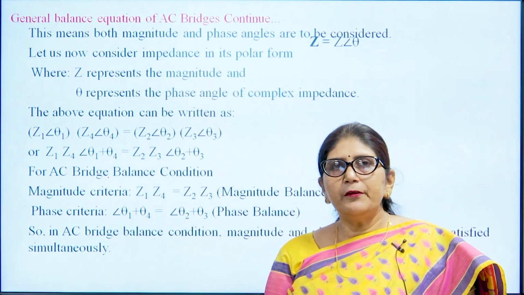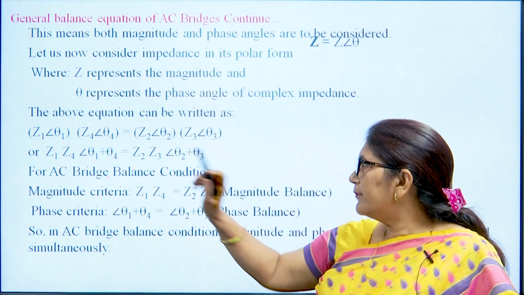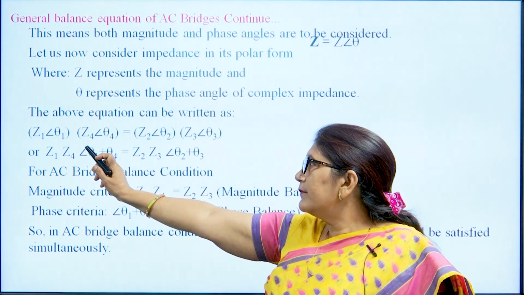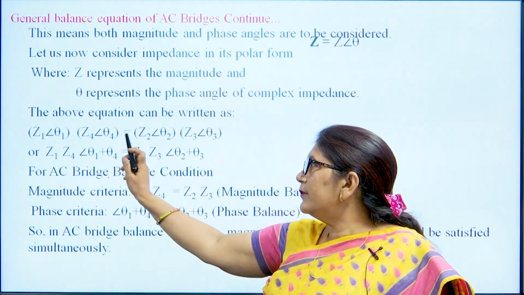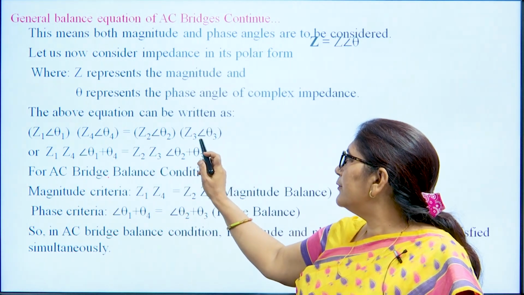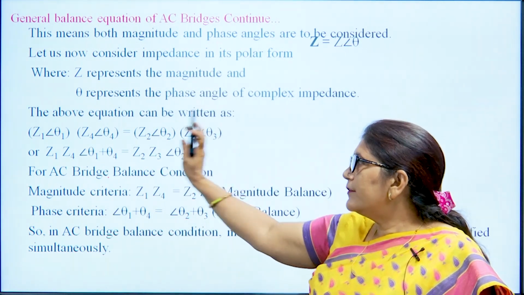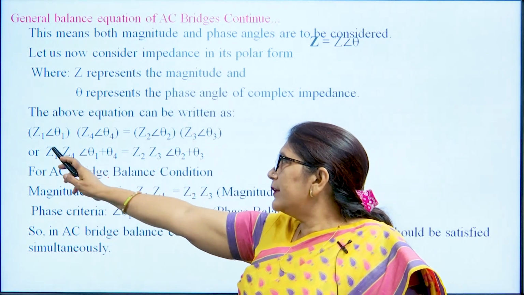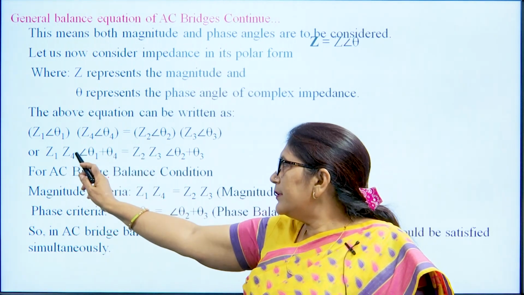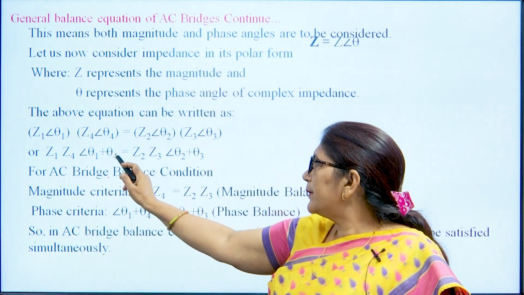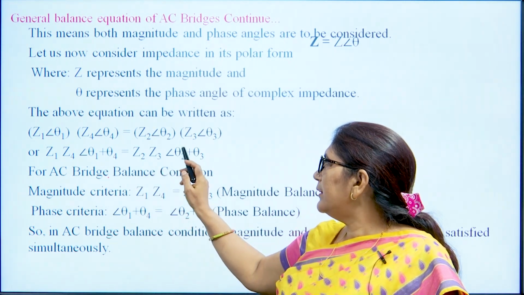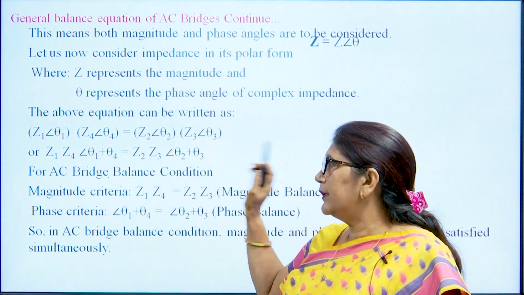From the above equation we can write Z1 Z4 is equal to Z2 Z3. So, Z1 at angle theta 1 times Z4 at angle theta 4 is equivalent to Z2 at angle theta 2 times Z3 at angle theta 3. We can segregate it: the magnitudes multiply and the angles are added. So, Z1 Z4 at angle (theta 1 plus theta 4) is equivalent to Z2 Z3 at angle (theta 2 plus theta 3).